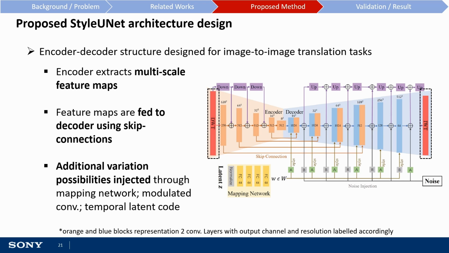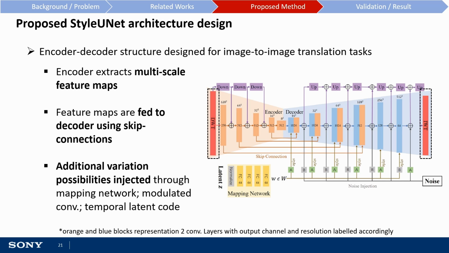The style unit proposed in the paper uses an encoder-decoder structure designed for image-to-image translation, with additional input latent code and noise. Similar to UNIT, the encoder extracts multi-scale features that are sent to the decoder via skip connections. They use a mapping network, the modulated convolution, and the temporal latent code to introduce additional variation possibilities for the network, preventing it from smoothing certain features.